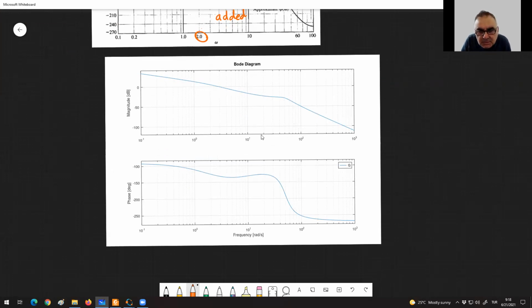At 50, there is a slight increase in the magnitude. This is because of the small resonance there. And then it goes down with a slope of minus 60 dBs per decade. So this is the Bode diagram of this system.